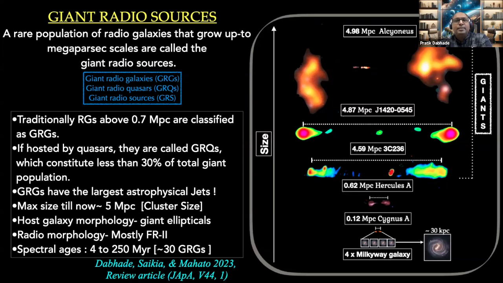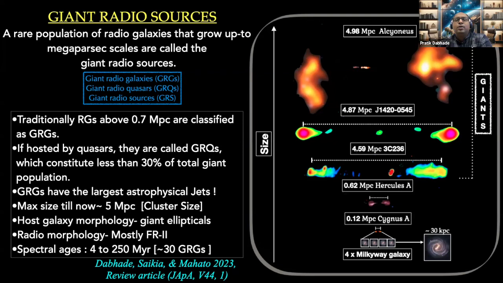They are mostly hosted by giant ellipticals and very, very rarely by spiral-shaped galaxies. From radio data, using spectral aging analysis, we can estimate how long the radio galaxy has been active.